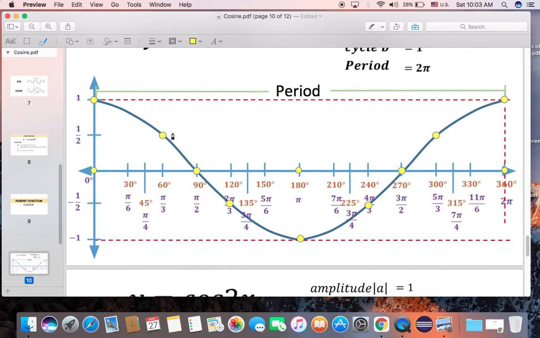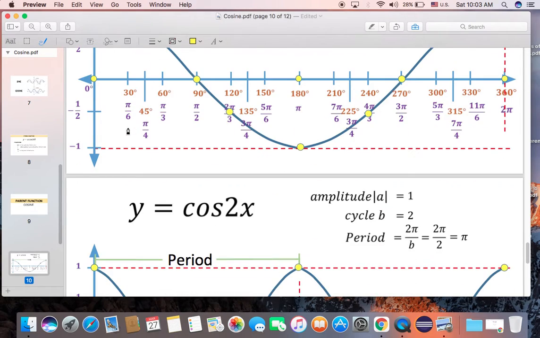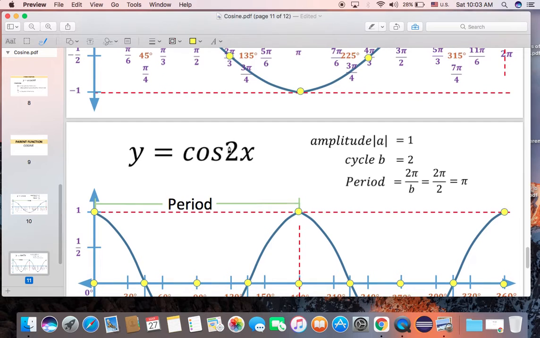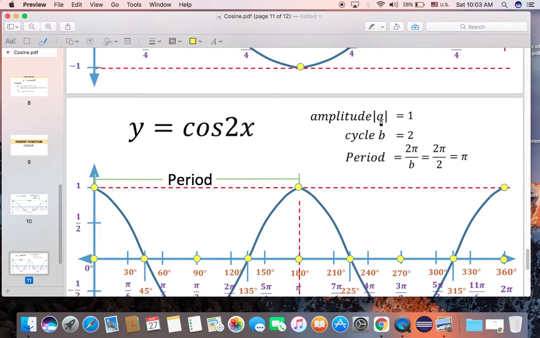Okay, let's see in the graph. Let me check for y equal cos 2h. The first thing we also need to calculate is the amplitude a, the same. So a equal 1, right? For amplitude we see the number before cos, sorry, before cos. And the cycle b equal 2, because this one is 2, right? And then we need to find the period of the function. We need to take 2 pi over b. With b equal 2, the period equals pi.